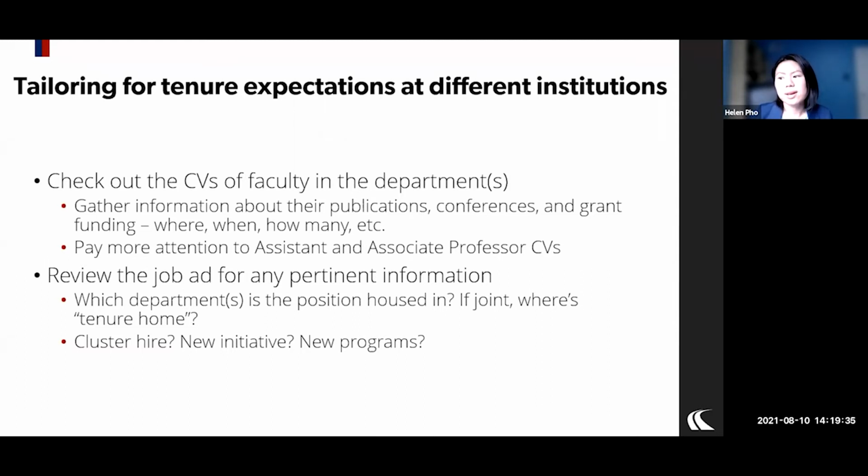If this is a job that is part of a cluster hire across the university, across different schools, and it's focused on a particular topic or theme, you want to pay attention to that information. If this is a new position that's part of a new initiative at the university, or if they announced this new position because they're creating new programs in X, Y, or Z, it's really important to keep all of that information in mind so that you can better tailor your research statement.